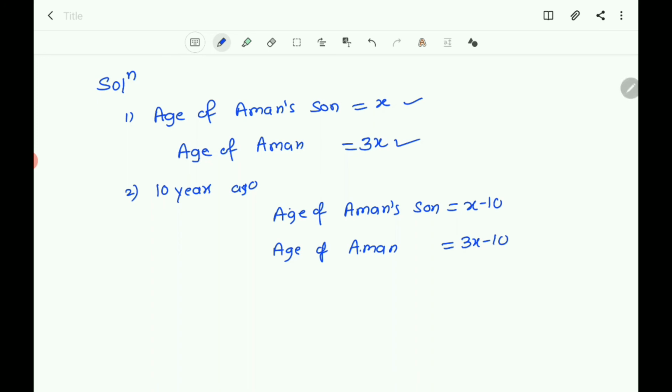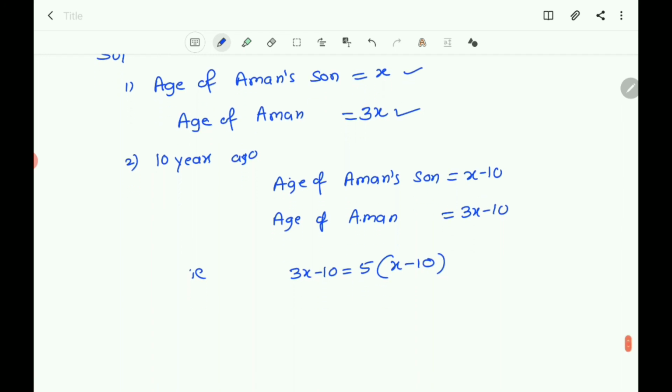So write that 3x minus 10 is the age of Aman 10 years ago, and 10 years ago Aman's son's age is x minus 10. So 3x minus 10 is 5 times x minus 10.